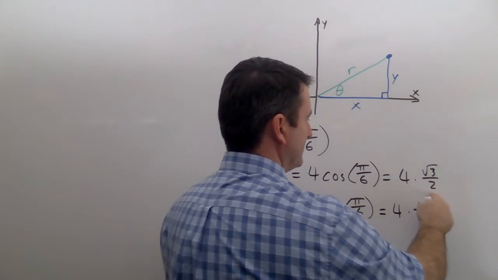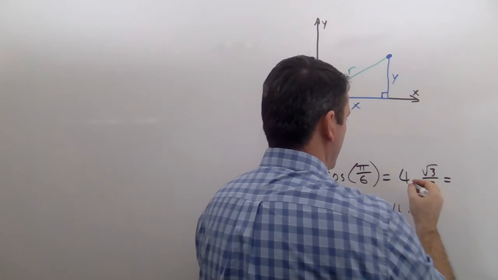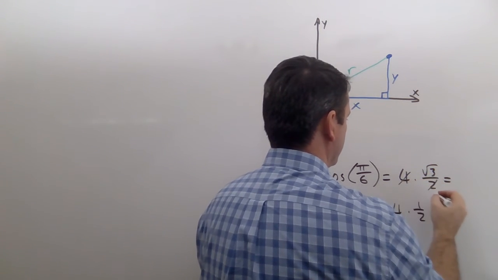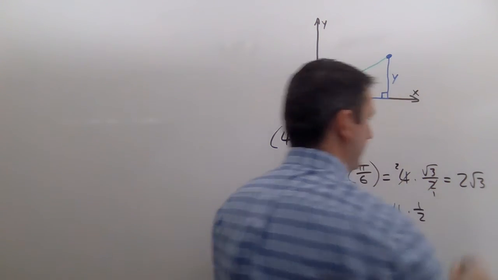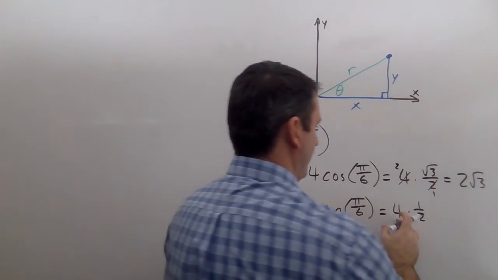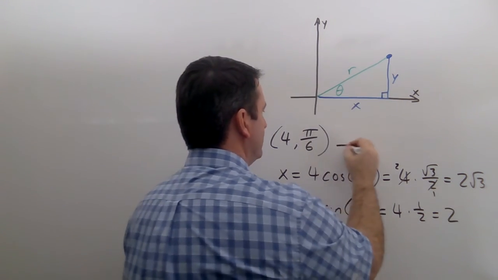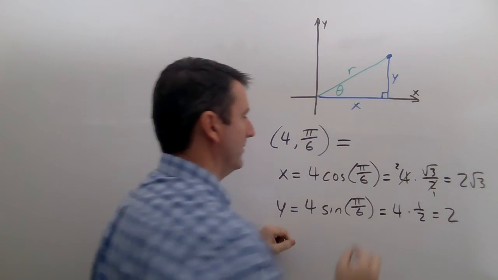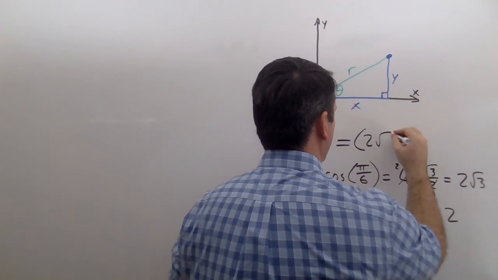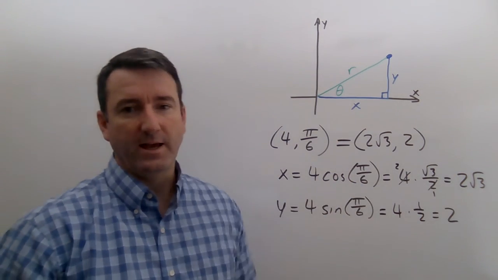Then in 4 times the square root of 3 over 2, this 4 and this 2 will reduce down to 1 and 2. So x is 2 square root of 3. And then 4 times 1/2 is equal to 2. So this point in polar coordinates is equal to the point (2 square root of 3, 2) in rectangular coordinates.